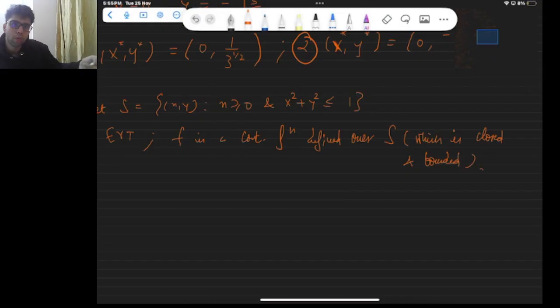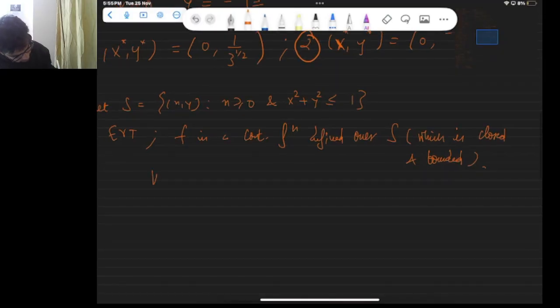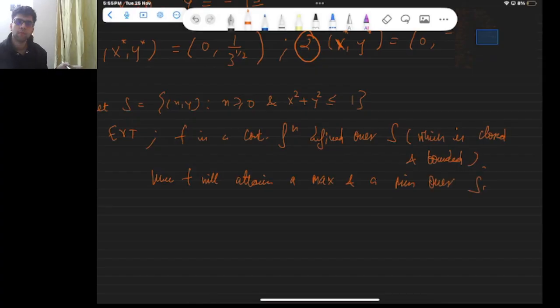So f is a continuous function defined over S which is closed and bounded. Hence f will attain a max and a min over S.